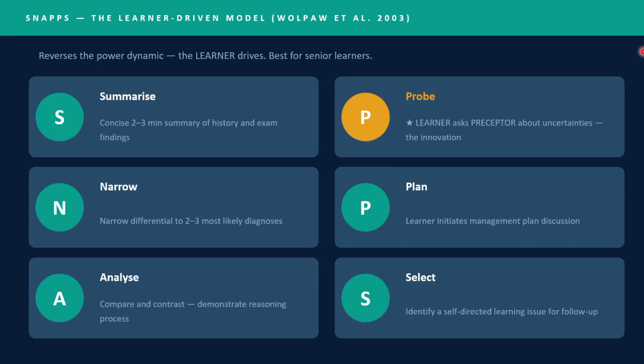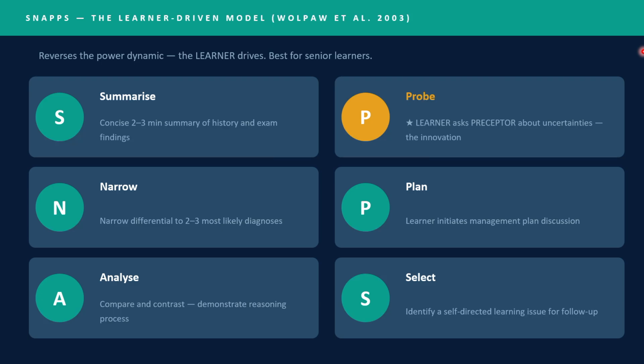Now let us see the other one, called the SNAPPS model. SNAPPS is an abbreviation of summarize, narrow, analyze, probe, plan, and select. And this is very good for senior learners.